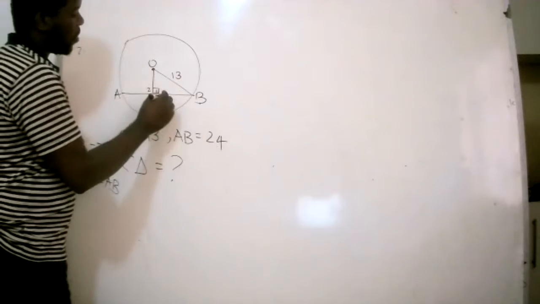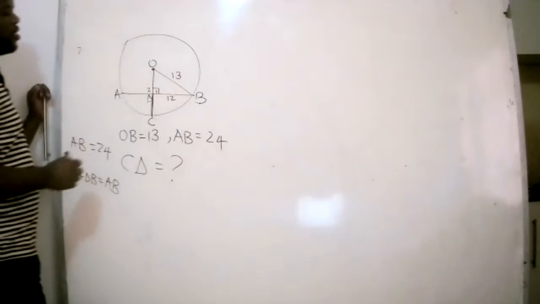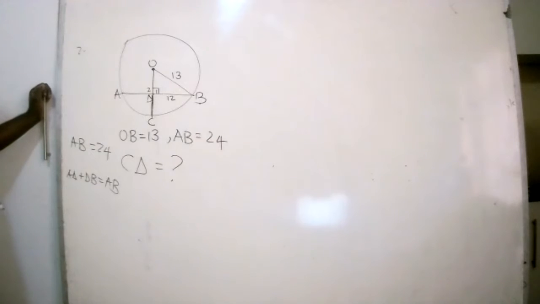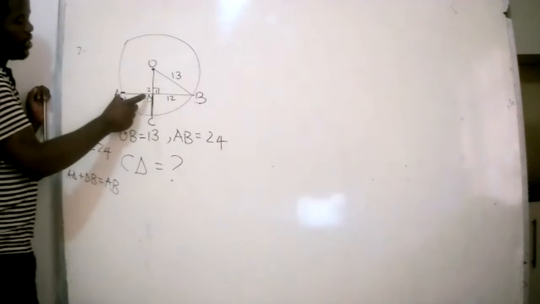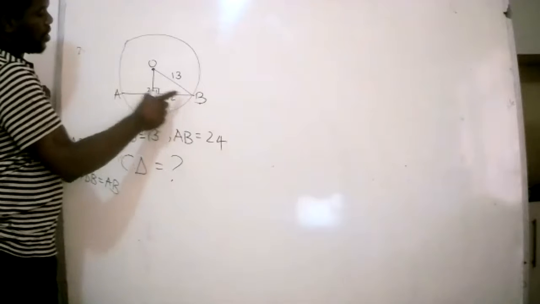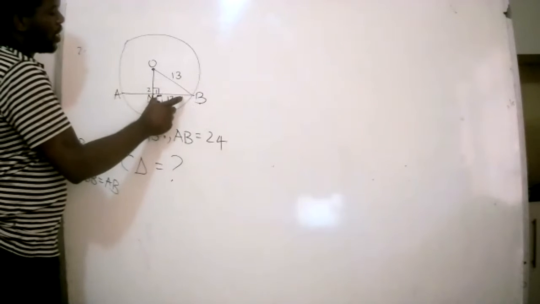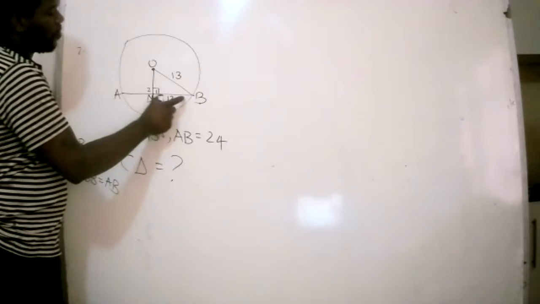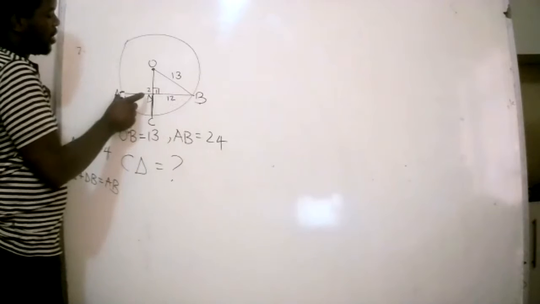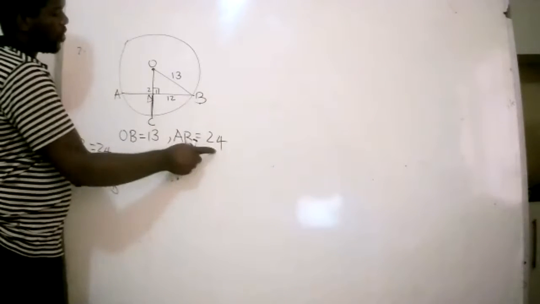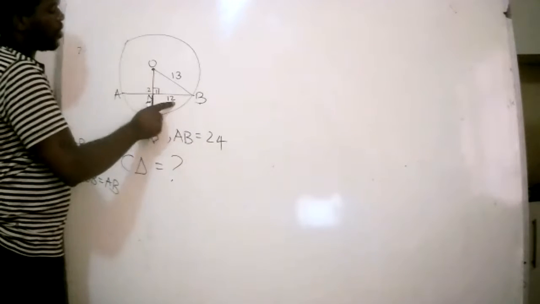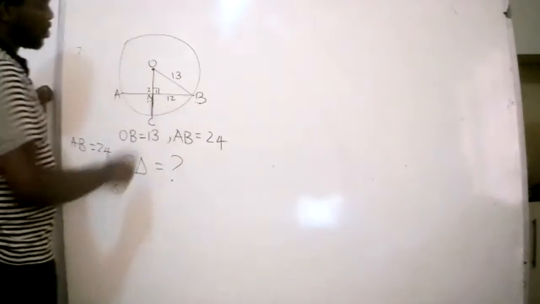So you divide 24 by 2. You're going to get this side DB as 12. Is that clear? Yes, because this distance is the same as that distance. Therefore, you can just divide by 2 so that this side shares its 12 from 24 and this side shares its 12 from 24. Therefore, it will be 12 here and 12 there. But we're looking for that 12 we have there.